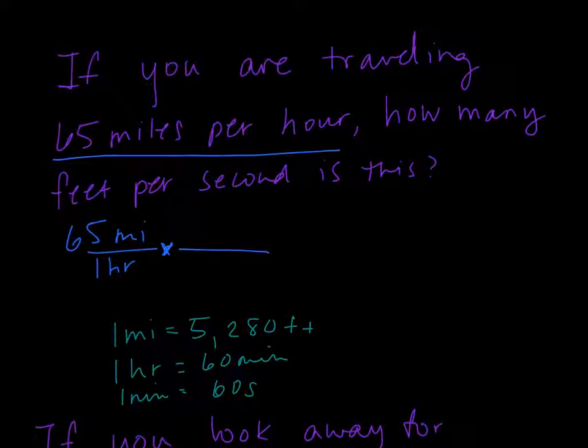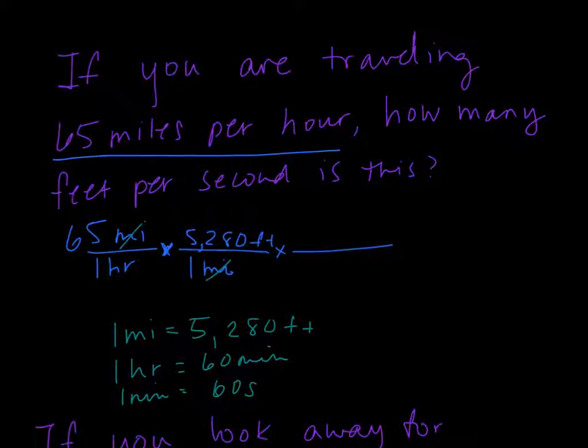So I've got miles on the top right here, and so I need to make sure that I put miles on the bottom. And so 1 mile is equal to 5,280 feet. So that cancels out miles, and I'm left with feet. Now I want to go from hours to seconds, so this time I've got hours on the bottom, so I need to make sure I put hours on the top so that it cancels.